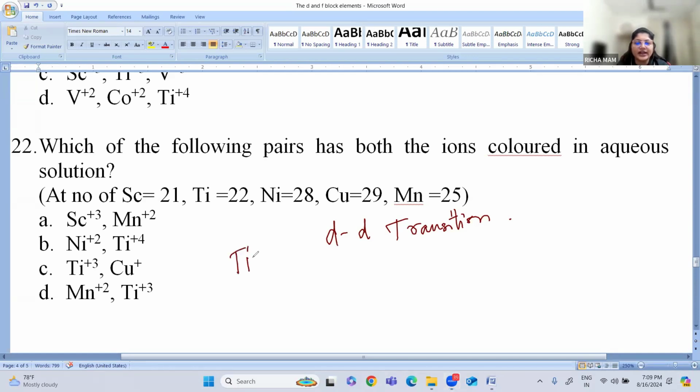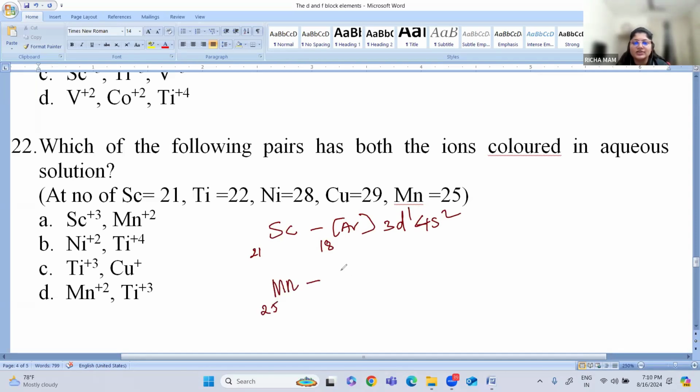If I write for titanium, let us write for scandium first. Scandium is 21, so it is argon 18. Then you have Mn 25, that is argon 3d5.